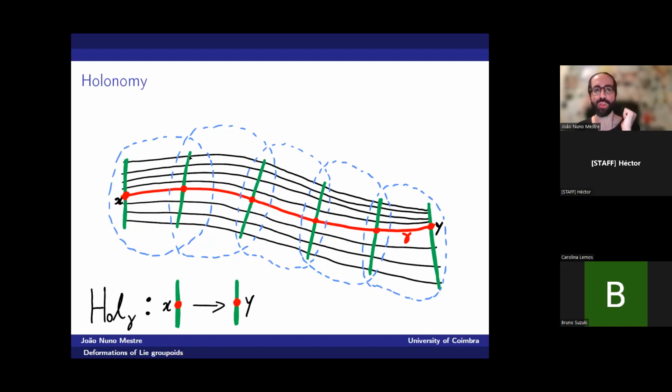And inside of those, I can take a transversal to my path gamma at the beginning of the path, so at X, which is the starting point of the path, and a transversal a bit further, such that the transversal is also in a foliated chart next to the first one, and then another transversal in the intersection of the second and the third foliated chart, etc., until I have transversals joining the intersections of each two consecutive foliated charts.